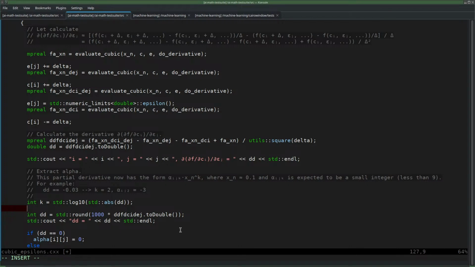But that gives us for 0.01, if it was exact, that would have given us -2, right?